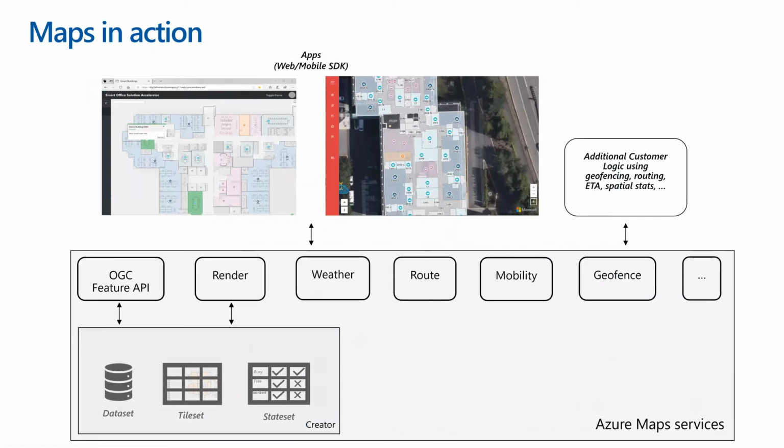And here is an exemplification of how you would use it. So you have the rendering API, you can combine it with all the other APIs we provide, and you can also provide highly interoperable interfaces with other systems like the OGC Feature API.